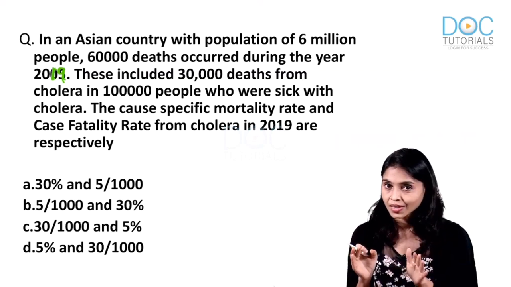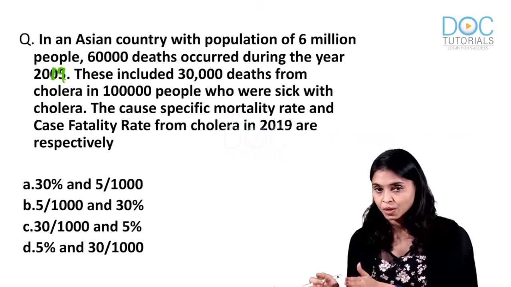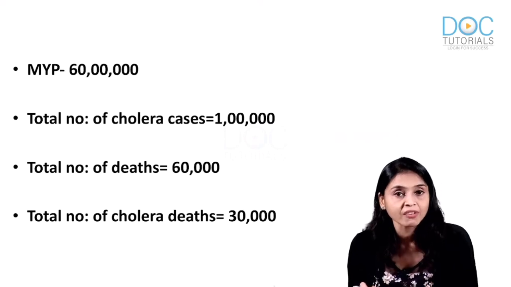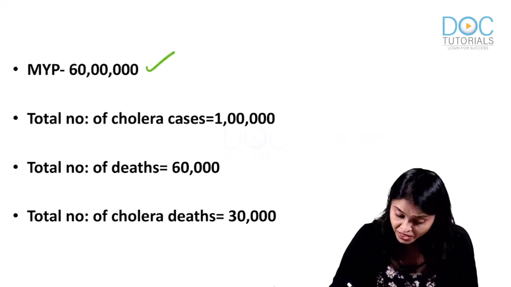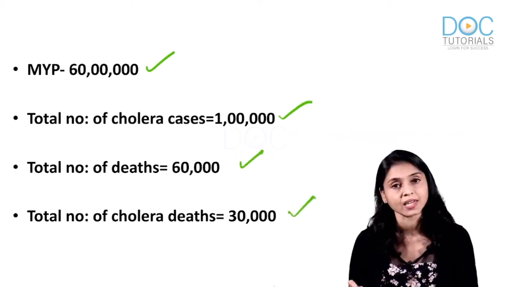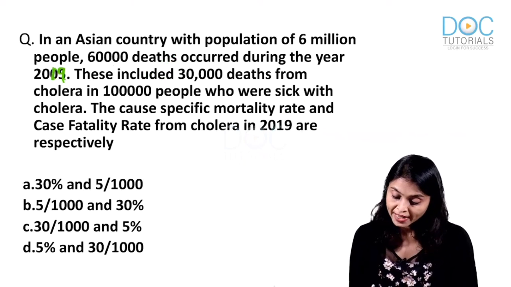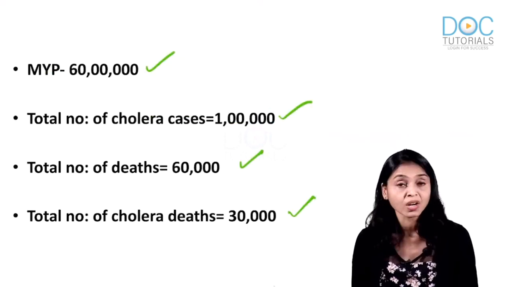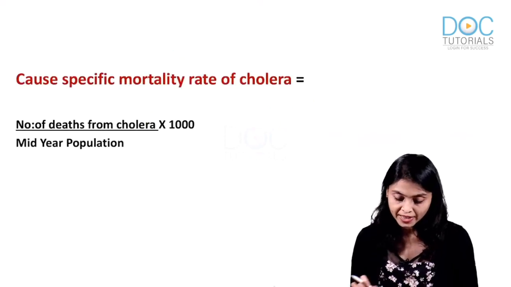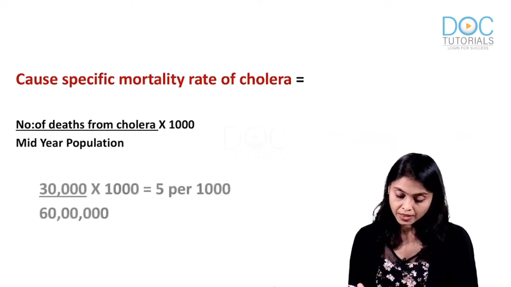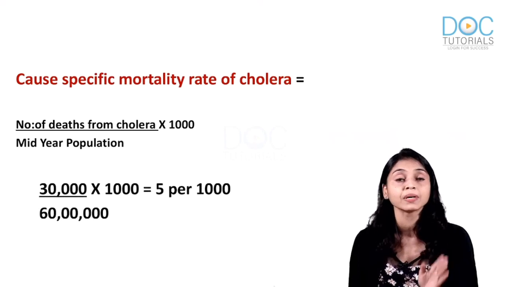Okay. Now, moving to the discussion part. I know given time you will definitely do it. This much they have already given in the question: mid-year population, total number of cholera cases, total number of deaths and total number of cholera deaths are given. And the question is to find out cause-specific mortality rate and case fatality rate. Now, can't you do it? Cause-specific mortality rate is number of deaths from cholera divided by mid-year population into 1000, which is 30,000 divided by 6,000,000, that is 5 per 1000.